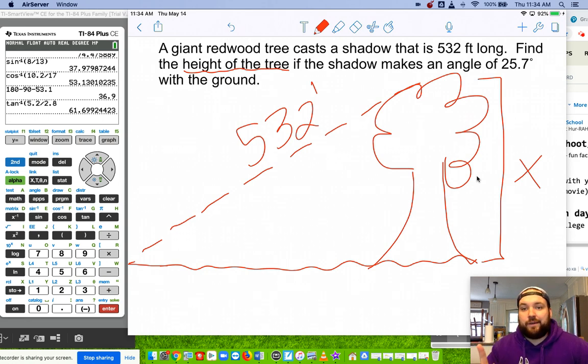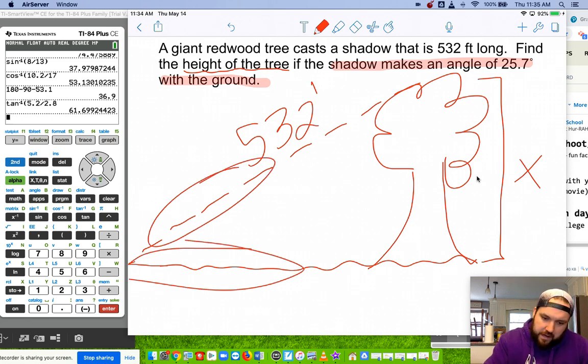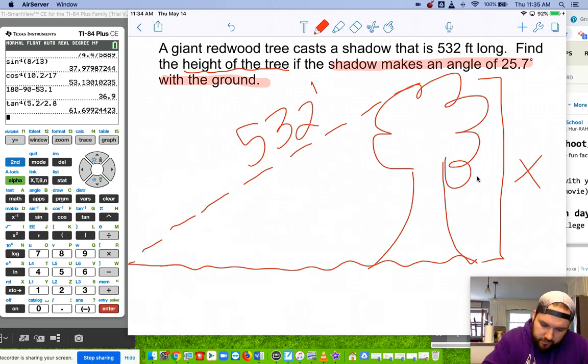If the shadow makes an angle of 25.7 degrees with the ground. So where the shadow meets the ground is 25.7 degrees. So here's my shadow. There's the ground. Where does shadow meet ground? Right here. That is 25.7 degrees.